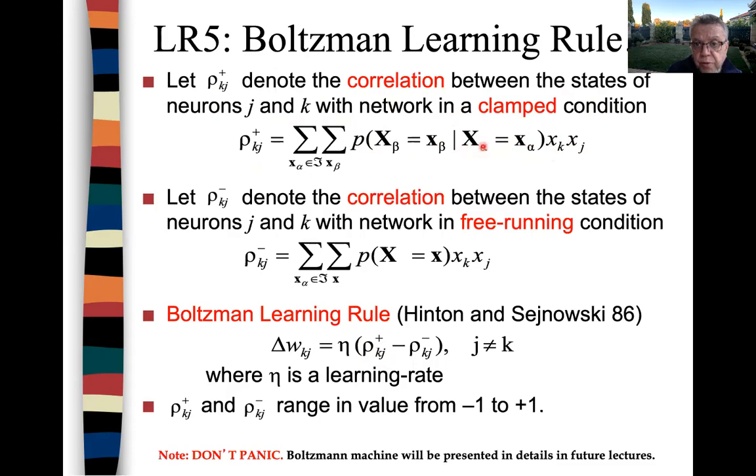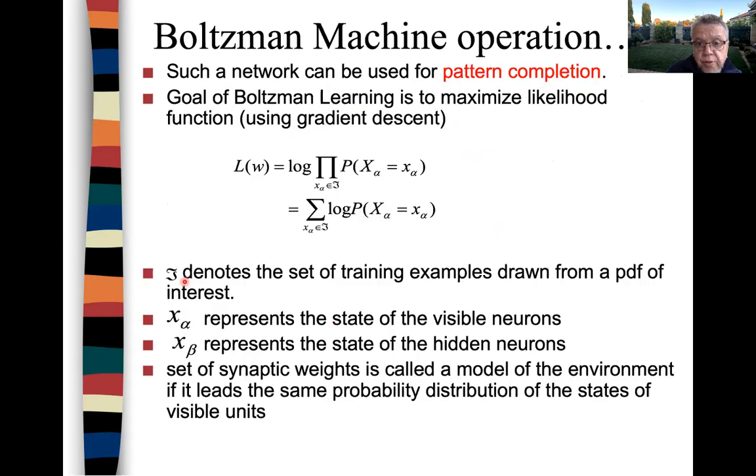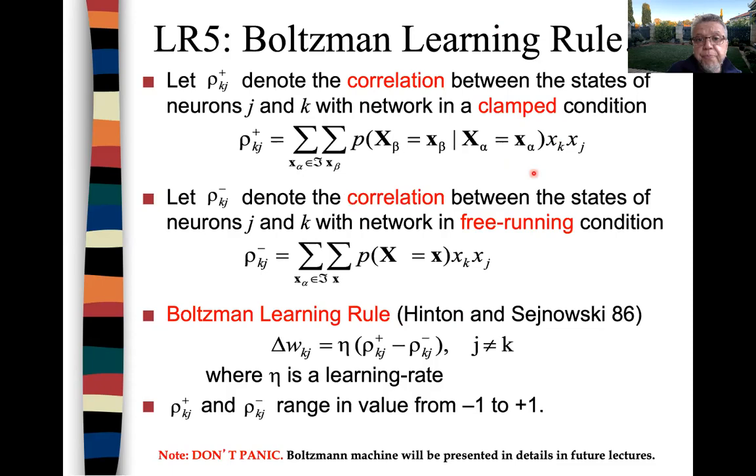so that your visible neuron is in a certain state X alpha. While rho minus is the correlation between the states of neurons J and K with the network running in free running condition. So you don't have this condition X alpha equal lowercase x alpha.